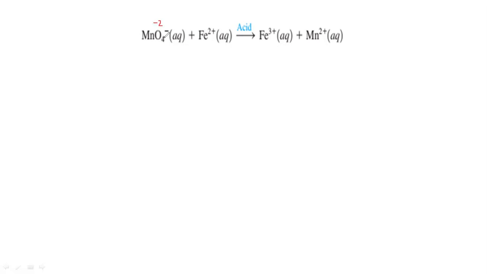Since we have 4 atoms of oxygen and a net charge of negative 1, the manganese has an oxidation number of +7. Iron has +2. And at the right side, iron now has +3 and manganese has +2.